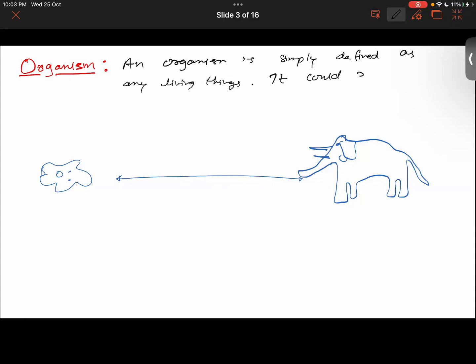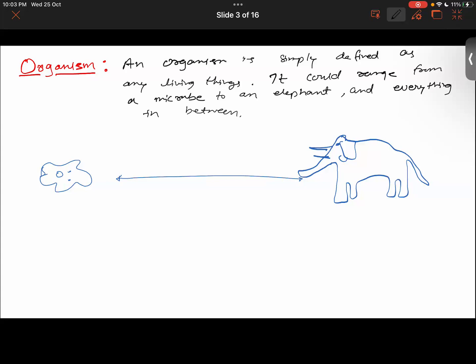It could range from a microscopic animal or microbe to an elephant and everything in between it. That is simply the definition of organisms, right?